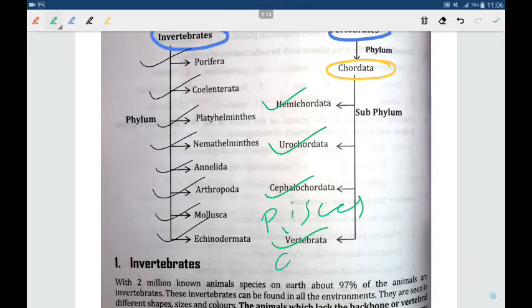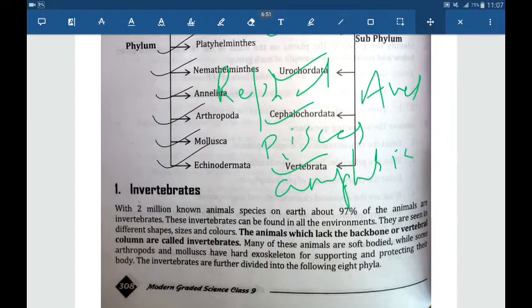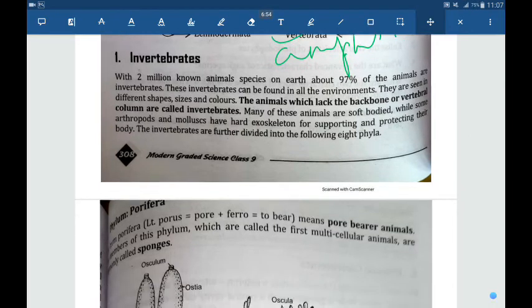Pisces, Amphibia, Reptilia, Aves, which means group of different birds, and Mammalia. Mammal is not given in the chart. So Vertebrata contains 5 classes: Pisces, Amphibia, Reptilia, Aves, Mammalia. Okay, students. Now let's discuss our next heading, that is invertebrates.